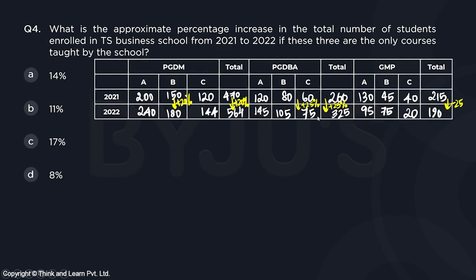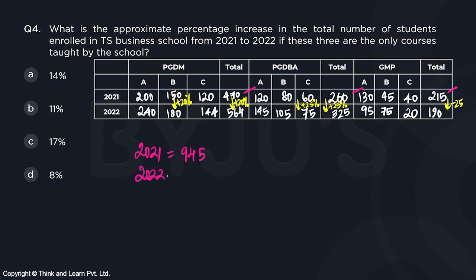Question number 4. What is the approximate percentage increase in the total number of students enrolled in TS Business School from 2021 to 2022 if these three are the only courses taught by this school? So if you talk about the year 2021, this is the sum of 470, 260 and 215, which should give us the sum as 945.